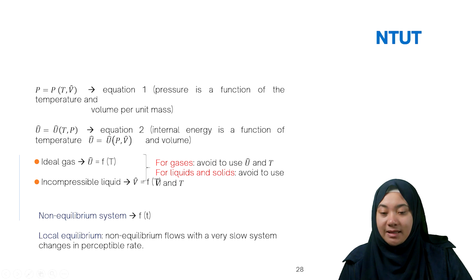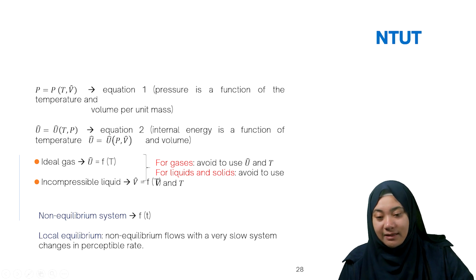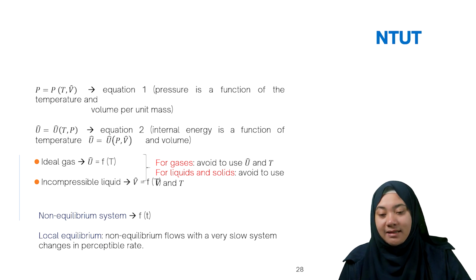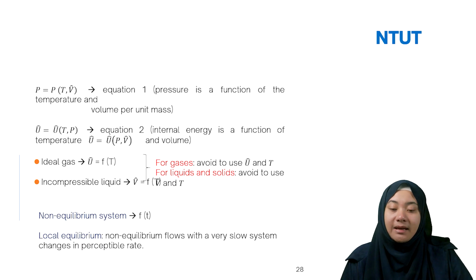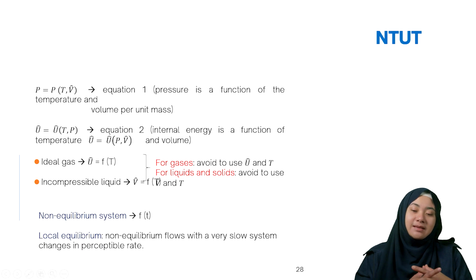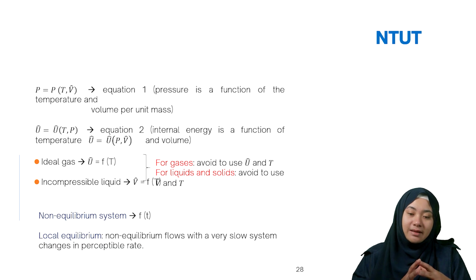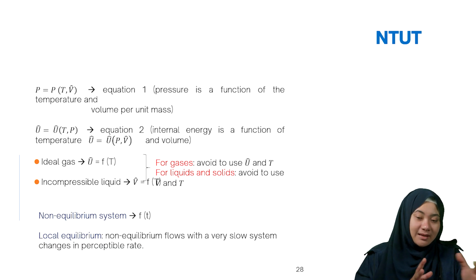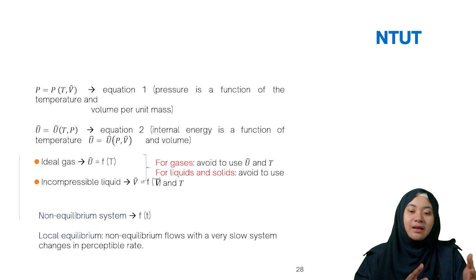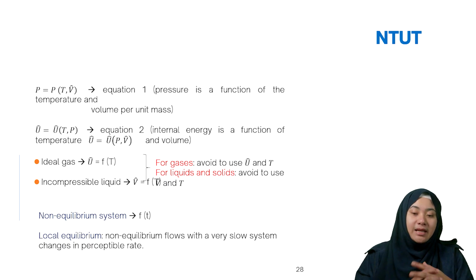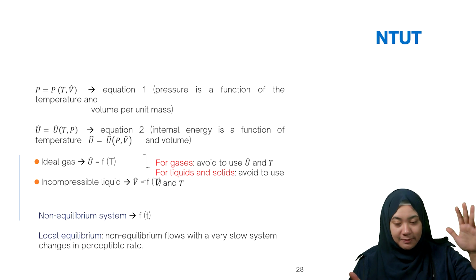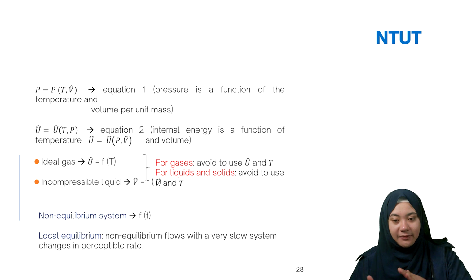It means when you increase the temperature and decrease the temperature, your internal energy change is different. And if you have an incompressible liquid, it means your volume is not a function of the pressure, but it is a function of the temperature. Compressible means you can change the pressure, so the volume is a function of the pressure.